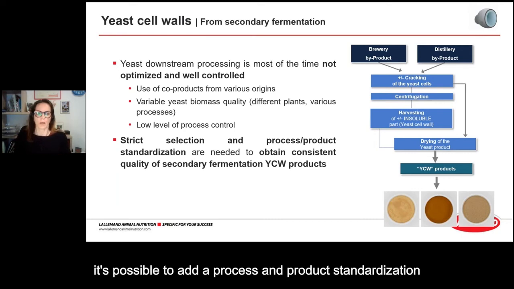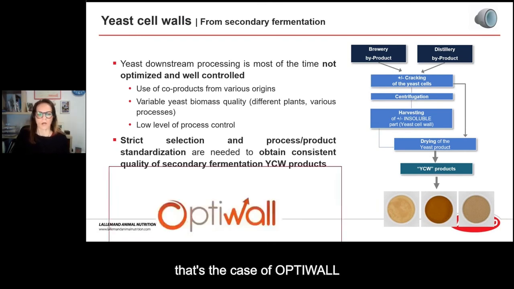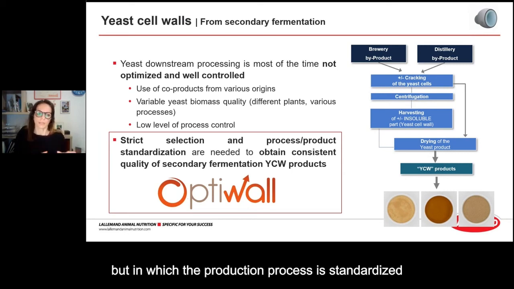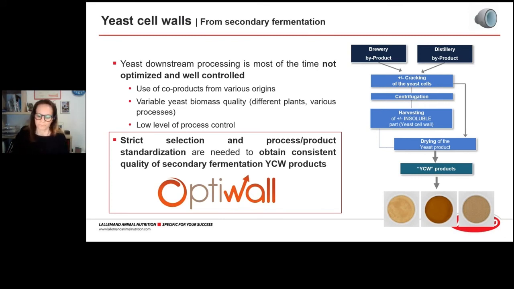It's possible to have a process and product standardization in order to ensure a consistent quality product. That's the case of Optiwall. What Optiwall offers is a yeast cell wall from secondary fermentation, but in which the production process is standardized, well controlled, and so ensuring a consistent quality of the product.